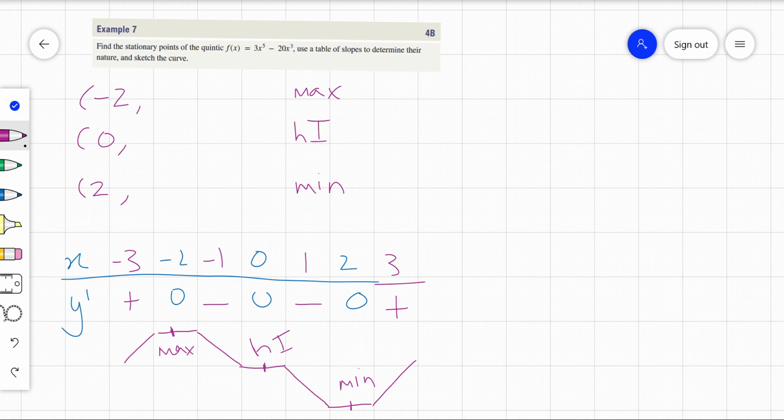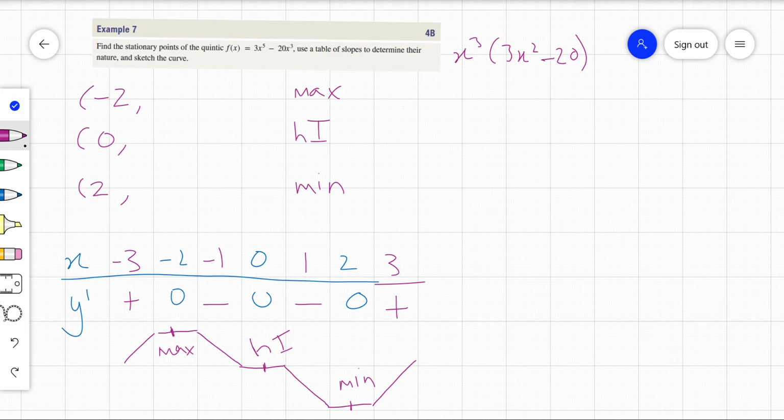Okay, so if I sub minus 2 in, I might need my calculator. So minus 2 to the power of 5 times 3, and then I should get that. So I could look at f of x, x cubed, 3x squared minus 20. That's probably easier.